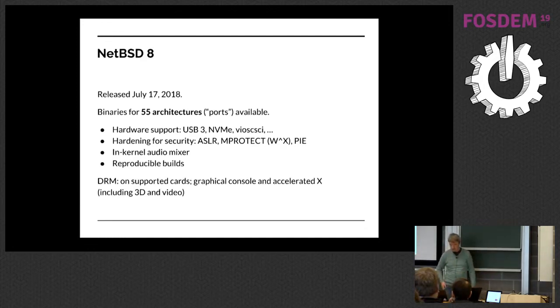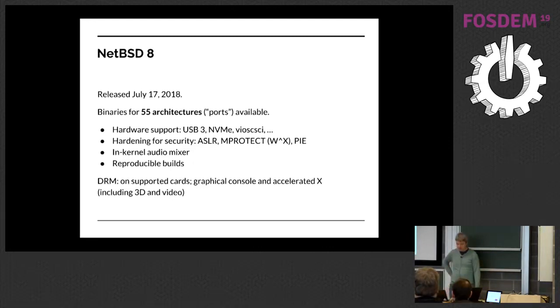So NetBSD 8 is quite a big upgrade from NetBSD 7 for a number of reasons. The first one you'll probably notice on the first boot is that you have DRM for supported cards, which means you get a graphical console, because the kernel handles all the video mode switching and all of that nonsense.